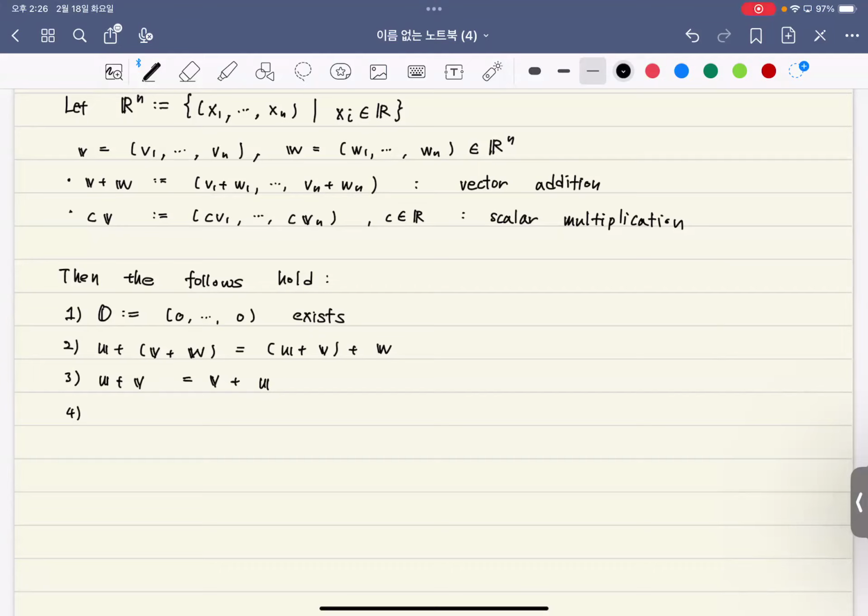And well, the identity element exists. This is the identity element of the vector addition. And number 5, the inverse of vector addition also exists, which is what? The scalar multiplication of -1 to the original vector is going to be the inverse element of the vector addition.